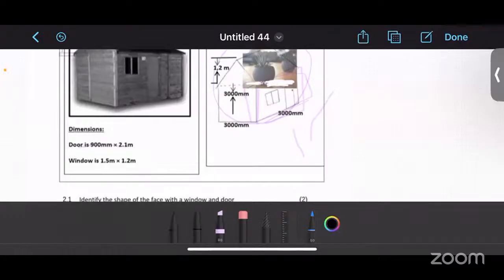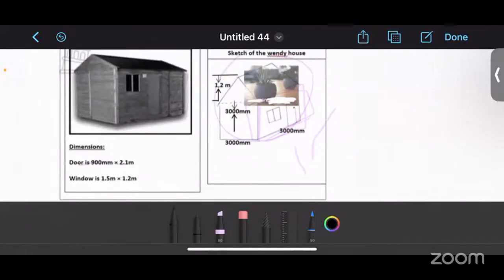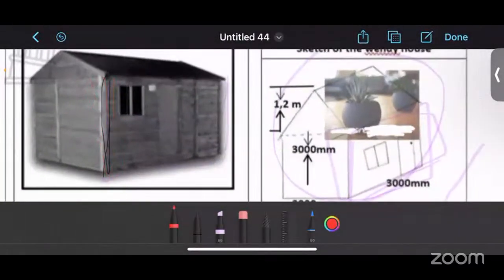Okay, so the shape that they want to know of is this one over here with the door. Let me try to use a red. It's this one over here. They want that shape, right?